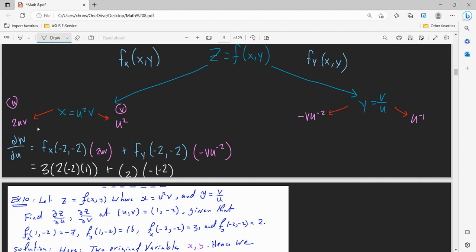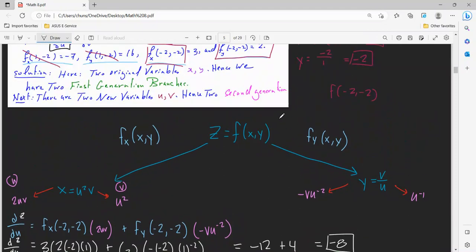So this is negative 2 times 1 to the negative 2 squared, and this is equal to, so this is 3 times negative 4, that's negative 12, and this is positive 2, this is plus 4, so this is equal to negative 8 for our original function. Sorry, this should be dz along our u branches.